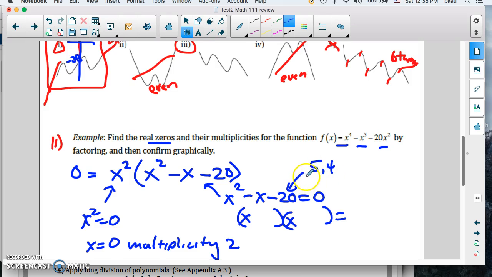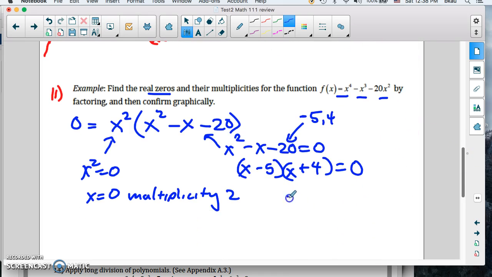We wanted to add to negative 1, so this is going to be negative 5, because those add up to -1 and they multiply together to give you -20. So -5 and +4 would be my factors. So in this case, x minus 5 equals 0. So that's a factor. And x plus 4 equals 0.